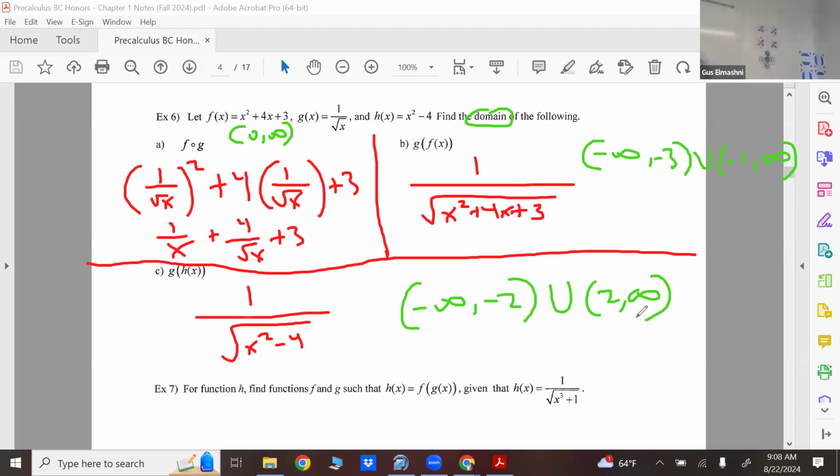I'll walk around and see how you guys are doing. So you have to do some factoring for B, and even C as well. Once you get the hang of it, you kind of just know what to do.